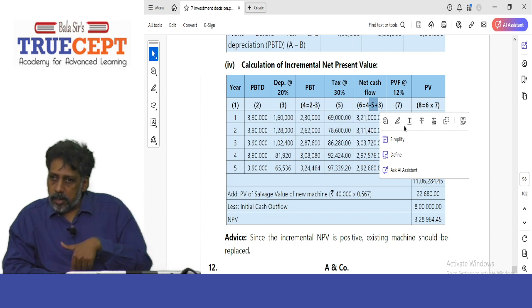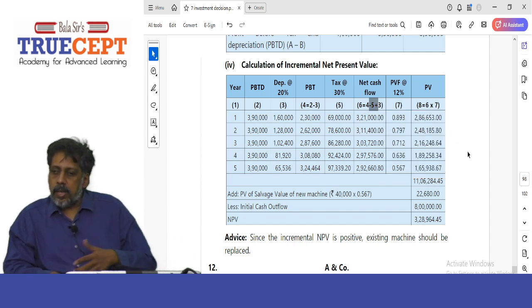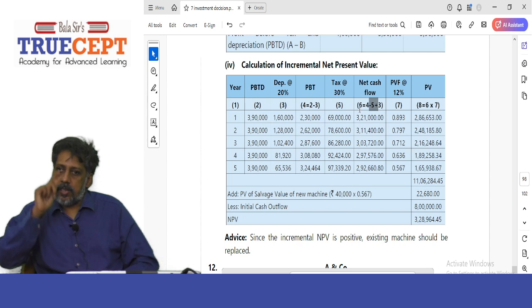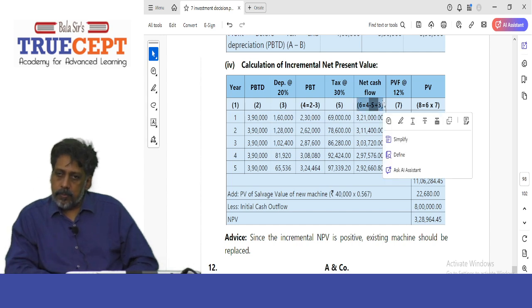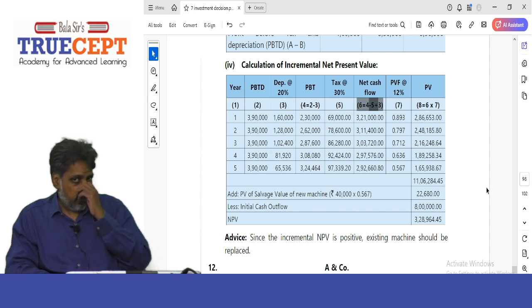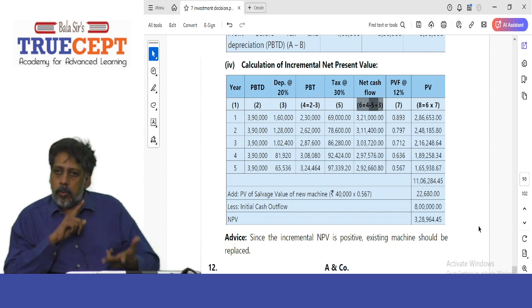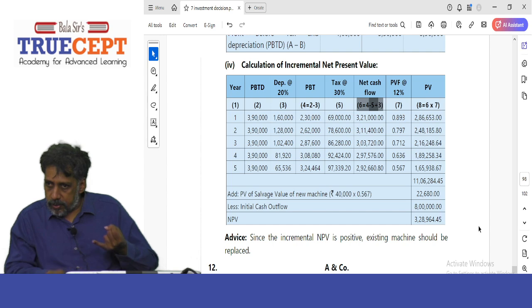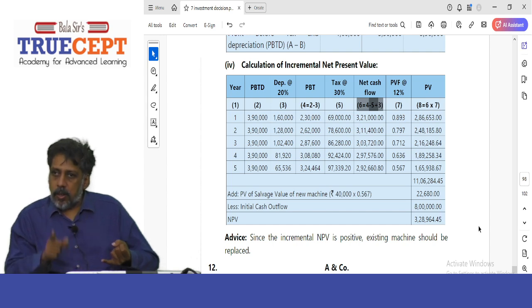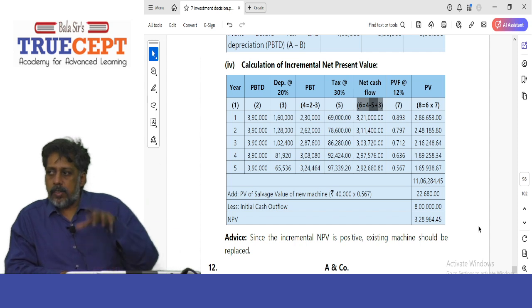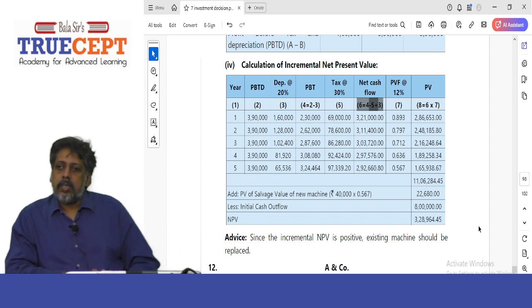Minus 5 is what? Income tax is subtracted. Then add back depreciation, 3. Basically, what happens? 2,30,000 minus 69,000, but add 1,60,000. So 3,21,000. That's it. And do that for all the years, right?